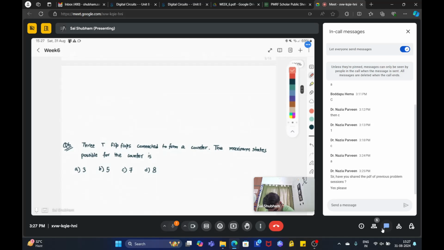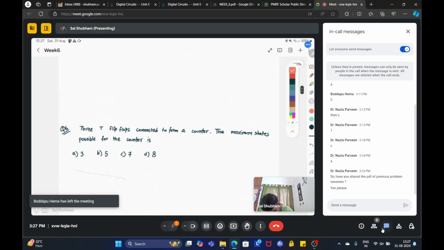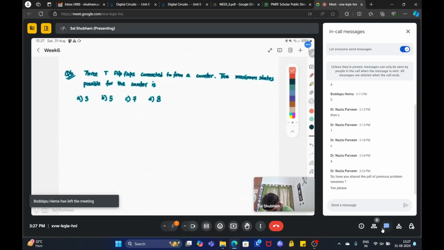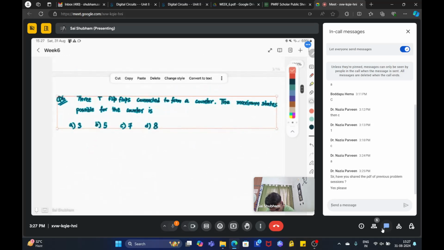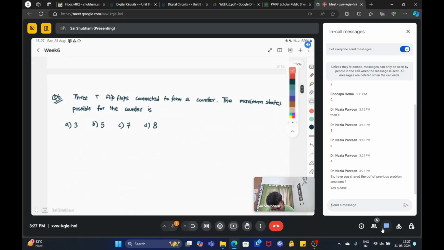So next question. Three T flip flops connected to form a counter.